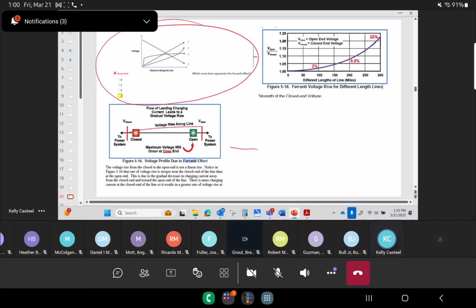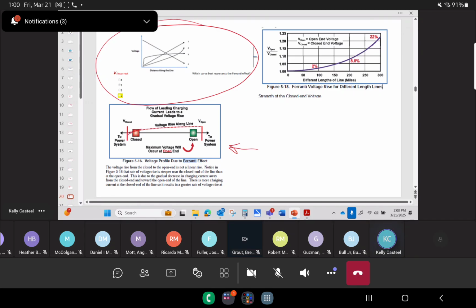Okay, so this is straight out of the EPRI manual. And if you look at this question up here, it says the distance along the line. So it's basically wanting to look at the voltage profile due to the Ferranti effect on a transmission line.